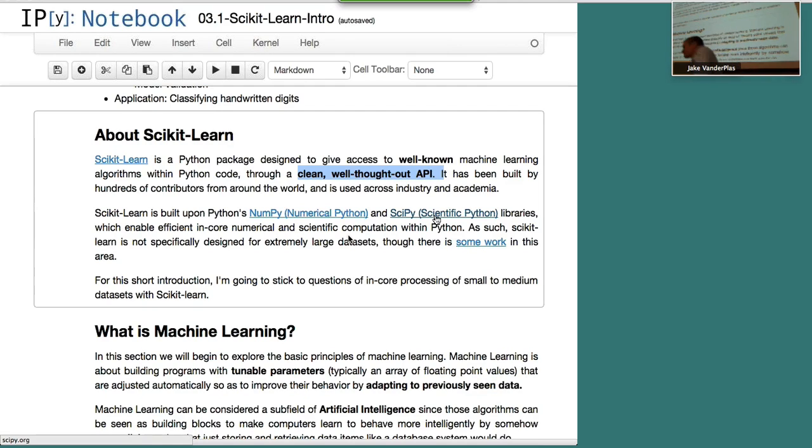And the last thing I should mention is that Scikit-Learn is not really designed for big data. People like to do machine learning on big data because those are buzzwords that get you jobs, and Scikit-Learn can't really do that. It's designed for small to medium data sets, though there is some work on extending it and doing some more interesting large data sets out of core, that kind of thing.